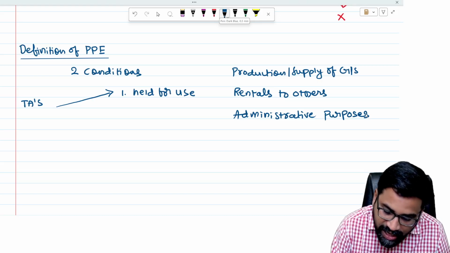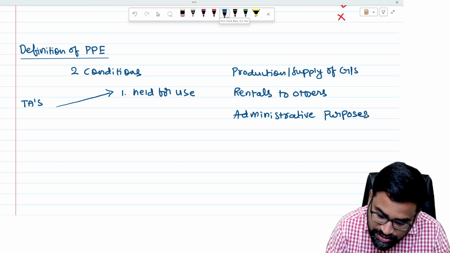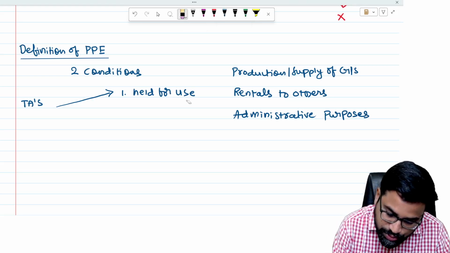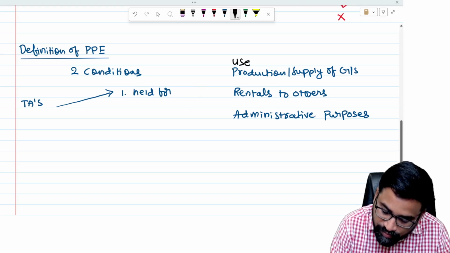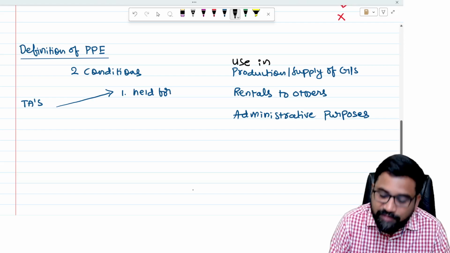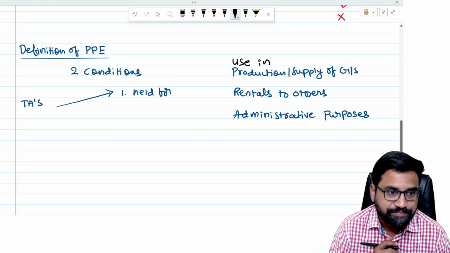Tangible assets held for use in production or supply of goods, rental to others, or administrative purpose. So held for use where? In production or supply of goods, or rental to others, or administrative purpose.